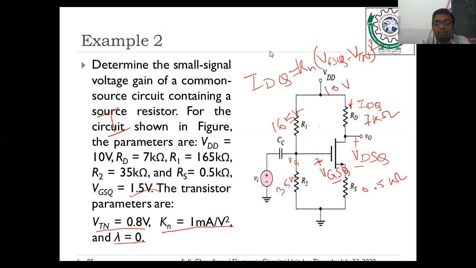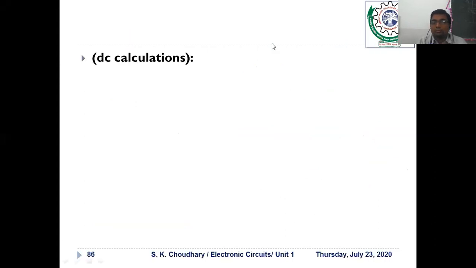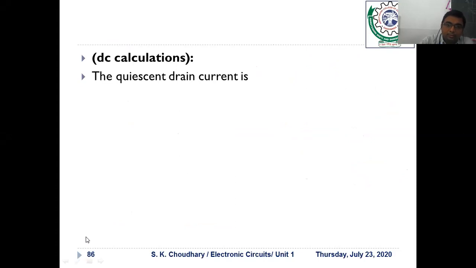So tell me what is the value of current here? First of all, you have to do the DC calculation and write the value of the current here. Anyone from your side? I am going to unmute you.